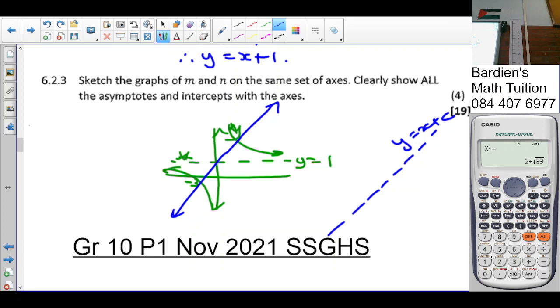Besides it being an axis of symmetry, it's also a function. That is why I can't draw it with a dotted line, it should be drawn with a solid line. Does it make sense? But if I had drawn it, I would have probably given you the mark anyway. That's m of x, and that is your n of x.